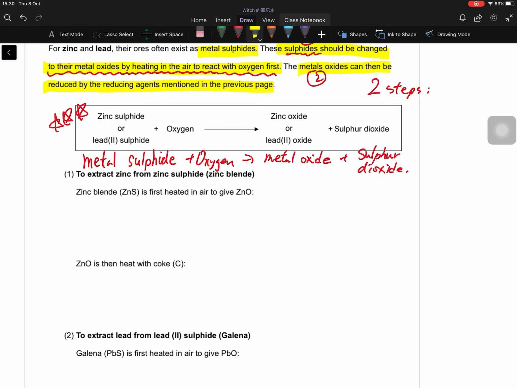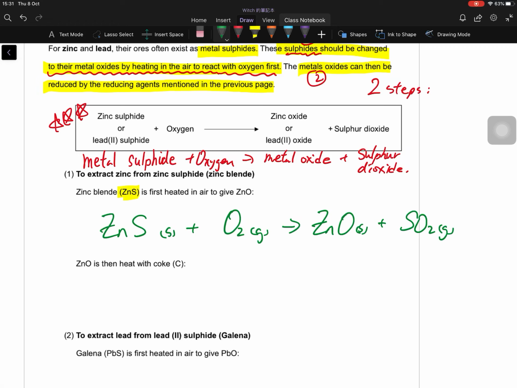First, we use zinc sulfide as an example. Again, write down zinc sulfide, which is a solid because it is an ionic compound, and oxygen, O2, to form zinc oxide, which is a solid, and SO2, which is a gas.